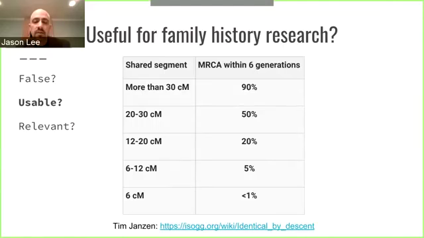So we may have analyzed a small segment match, and we may have determined that we're very confident that despite the fact that only a small amount of DNA is shared, it's still a good match.